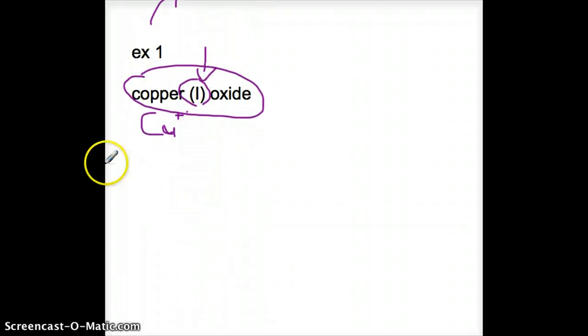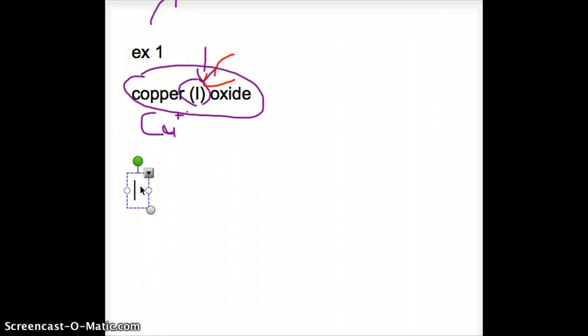So let's understand that the bracket system makes it very easy to find the formulas of transition metal compounds, since we are given the oxidation number for the metal ion. In this case, we are given the oxidation number for the metal ion, which is 1, and we only have to predict the charge on the nonmetal as usual using the periodic table. So let me write this out as steps.